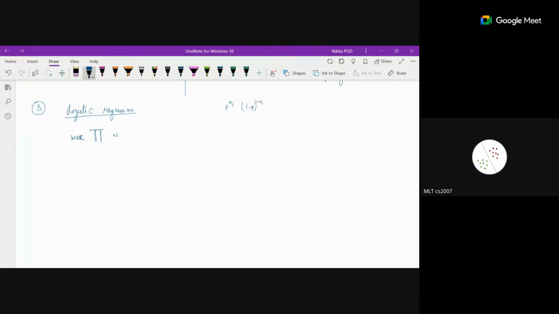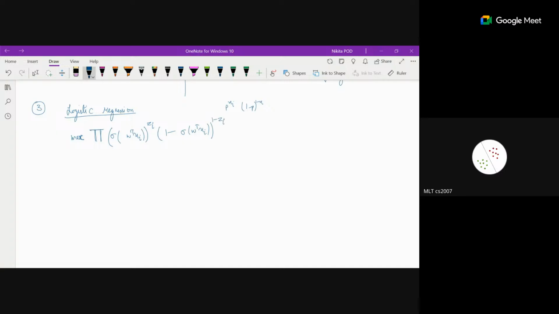And in logistic regression, what we had seen is that this can be written as follows. The p which I'm writing over here is basically some logistic function of W transpose Xi, to the power Zi, and then 1 minus sigma of W transpose Xi to the power 1 minus Zi.